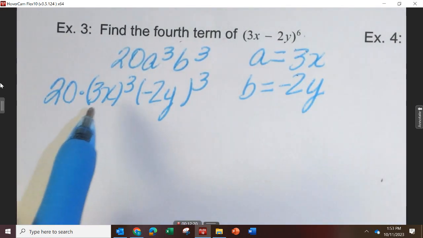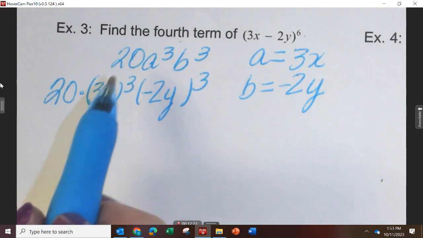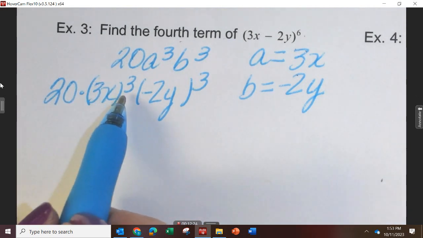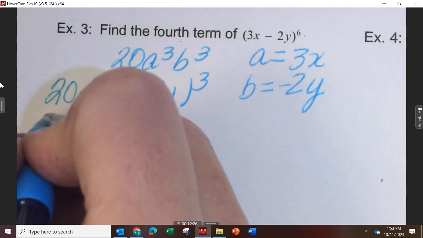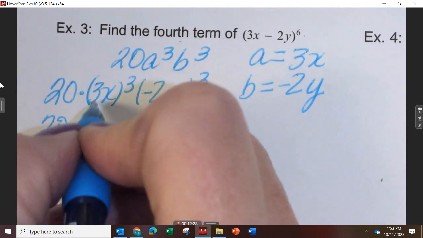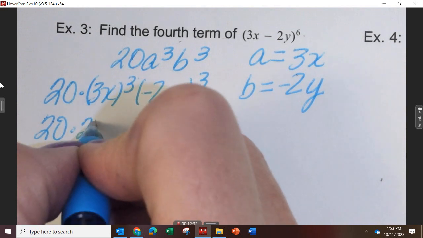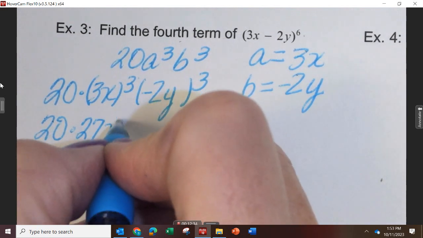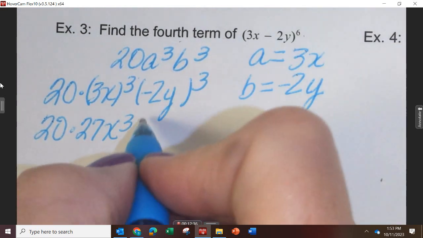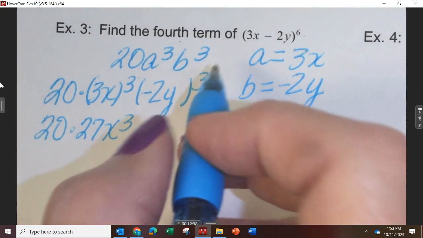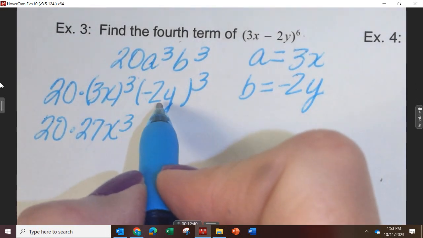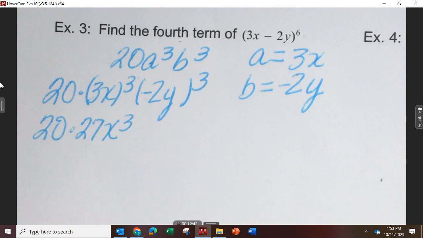Now, just a few minutes ago, I talked about what we do when we're cubing and we're multiplying. This is just 20. What is 3 cubed? So this is going to be 27x cubed. Remember, this is multiplication. What is negative 2 cubed? It is negative 8.